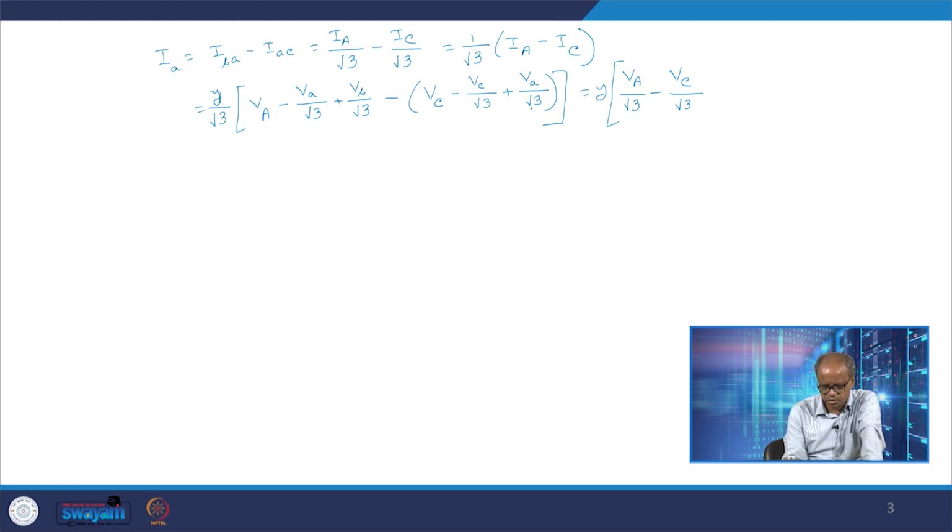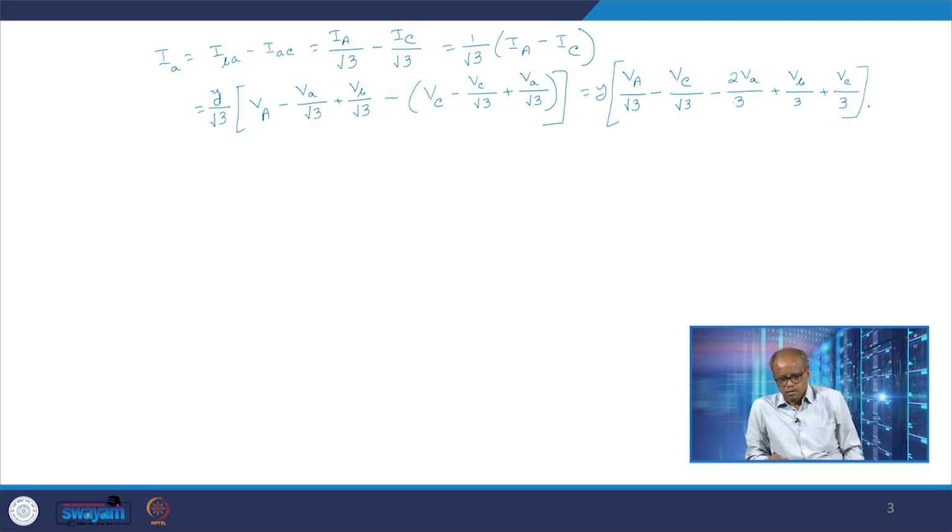So it is 2 VA by root 3, and so then it would be 2 VA by 3, and then plus VB by 3 plus VB by 3, and minus minus plus plus VC by 3, right?